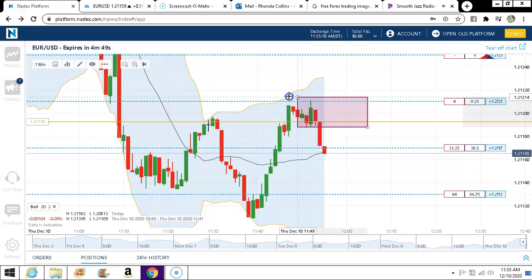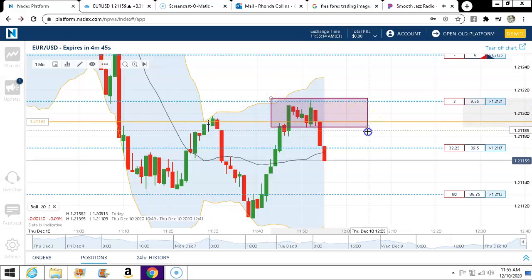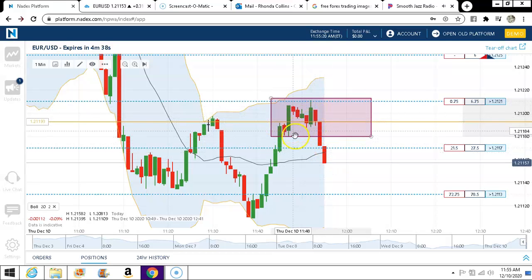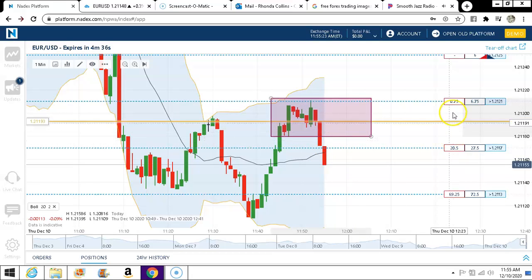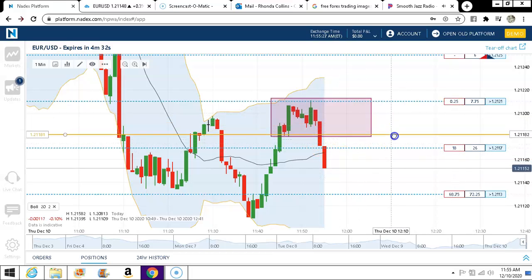So if I included this whole area, all of this fully engulfed this right here. So I can state that price will remain below this point.